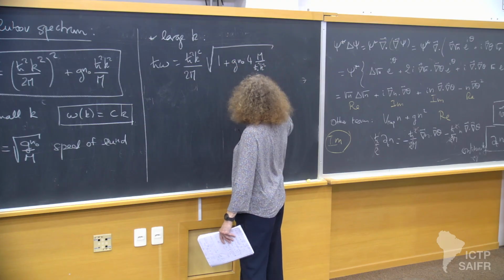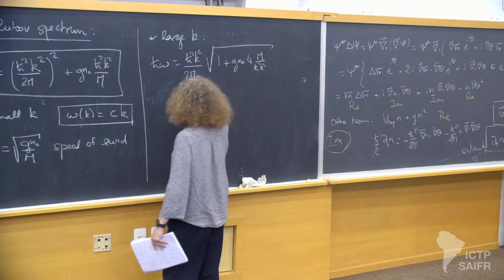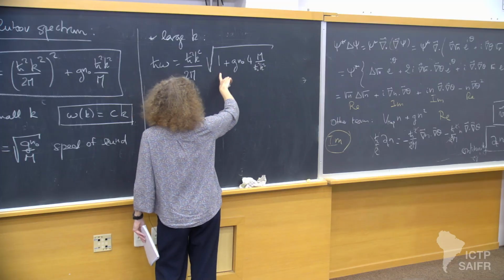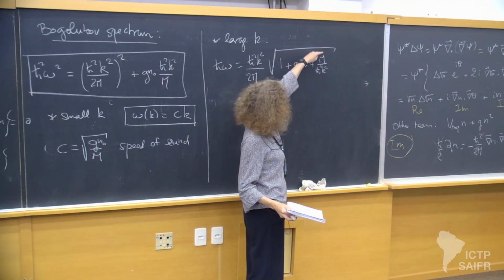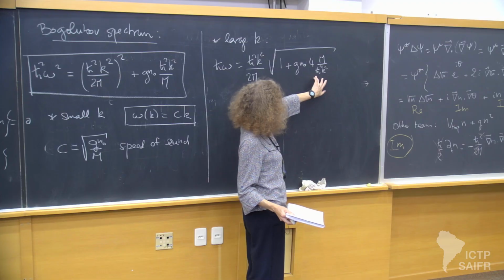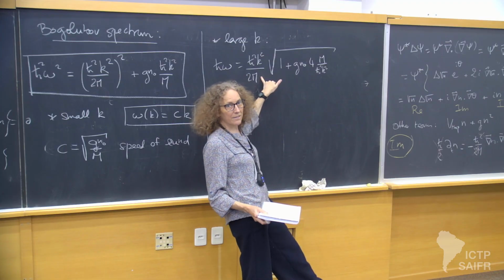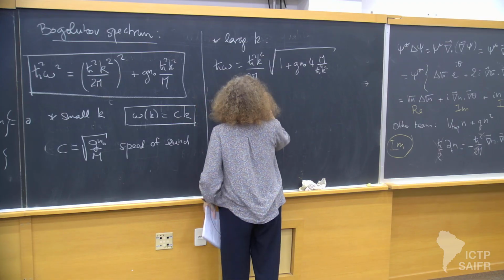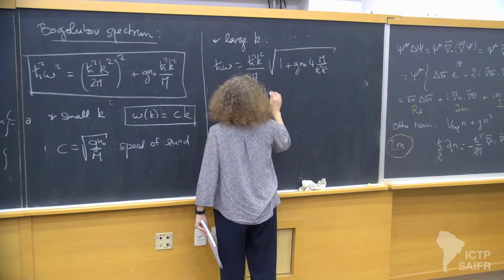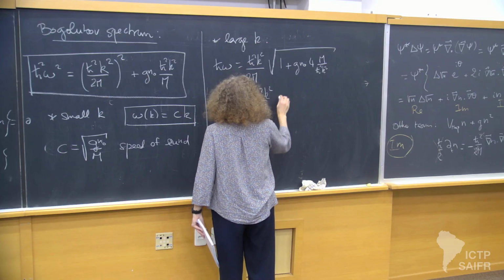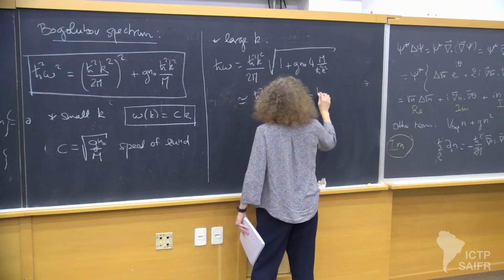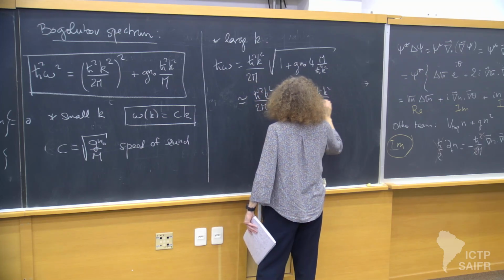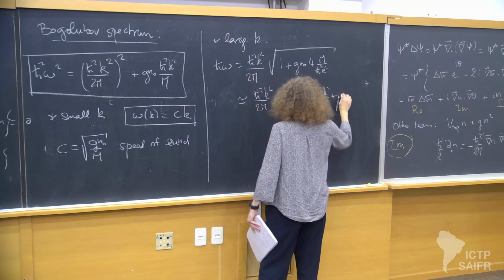So if this guy is small because we are at large k, this is approximately 1 plus 1/2 of this one. 1/2 of that, I will have 2m divided by h bar squared k squared, which is exactly cancelled with this one. So this is approximately h bar squared k squared over 2m plus g n0. Or if you prefer, h bar squared k squared over 2m plus mu.